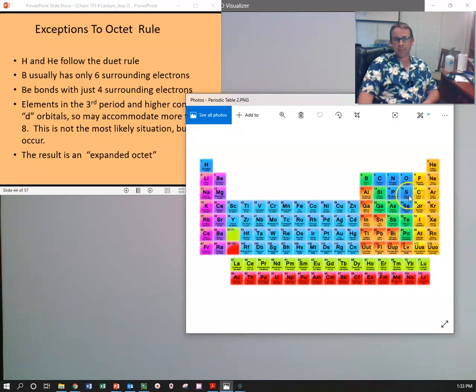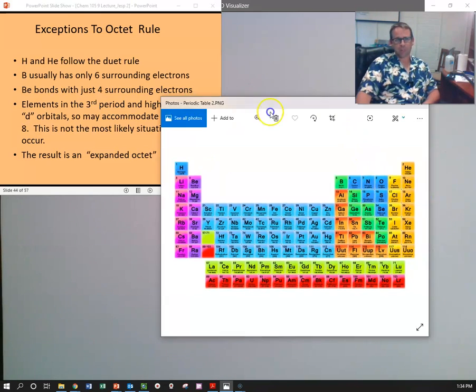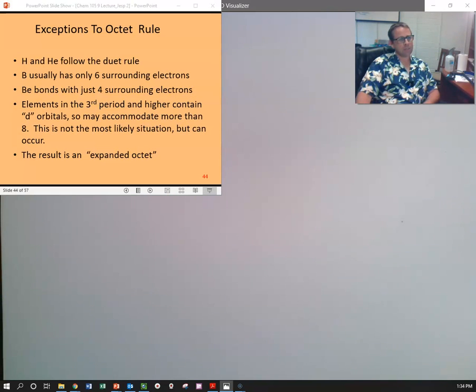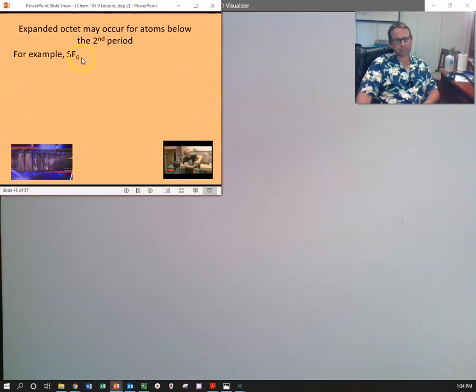The reason is that the 3rd shell has d orbitals, and those d orbitals have space for additional bonding to occur. Okay? So let's look at an example of a compound like that.